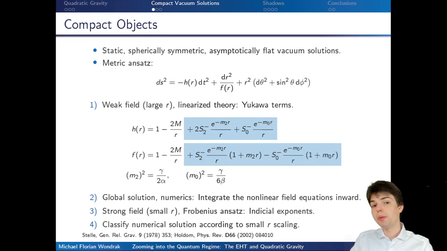We can use a Frobenius ansatz, so an expansion in the radial coordinate, which normally gives you some asymptotic series, so something which does not converge, but gives you the scaling exponent, so we get how the solution scales very close to the center. What we can do now is match our numeric solution close to the center with these potential sets of exponents, and so classify what kind of solution we actually have.